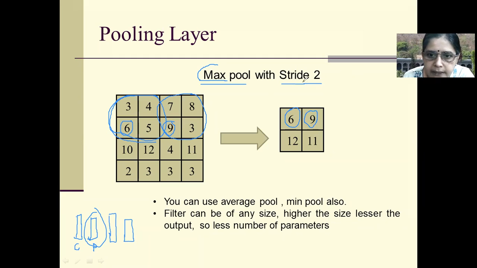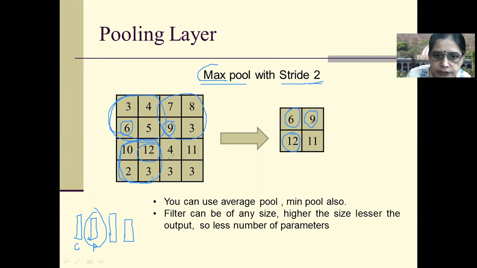Then again, as the stride is 2, we shift this mask downwards by 2 rows. The next mask position is as shown here. Again, we determine the maximum value out of these 4 values. So the maximum value is 12, and we replace this position by 12.